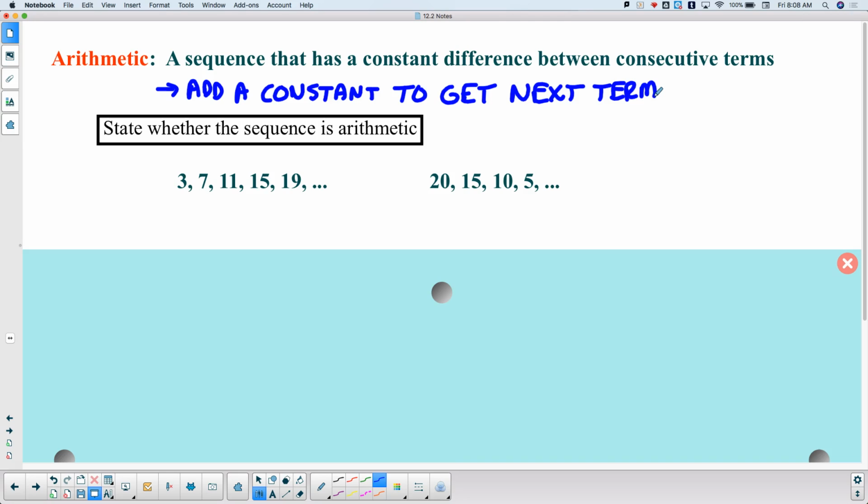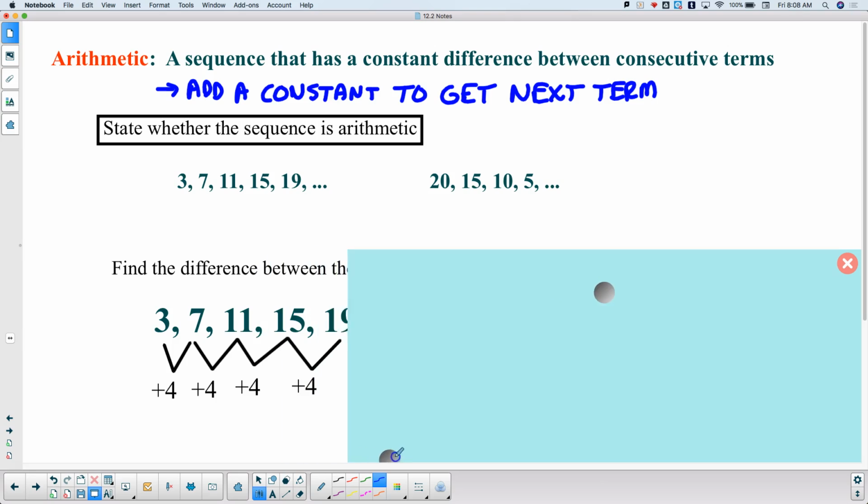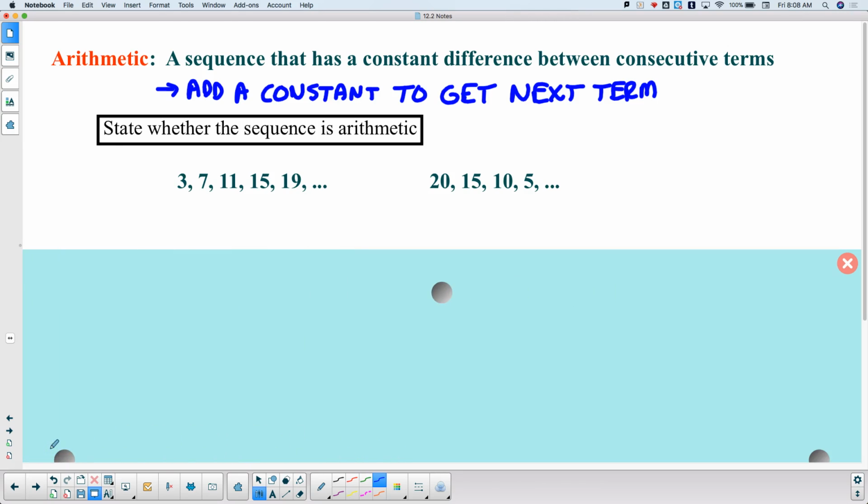State whether the sequence is arithmetic. So in this first one, what you have to do is look at each term. To go from here to there, we do what? Add 4.